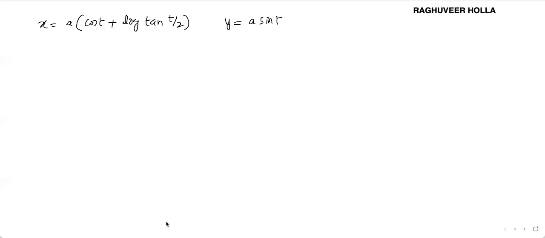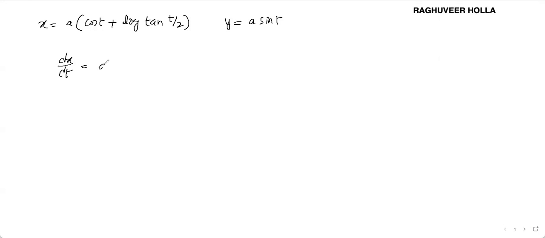Now let us solve this problem here. So what do we have here? Let us solve this. So with respect to t again, dx by dt.